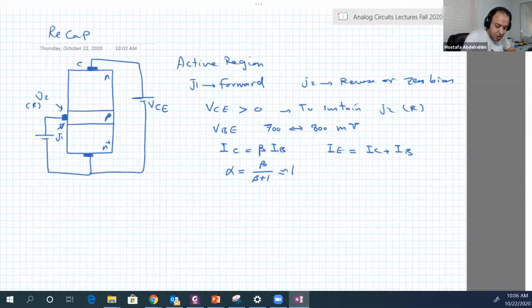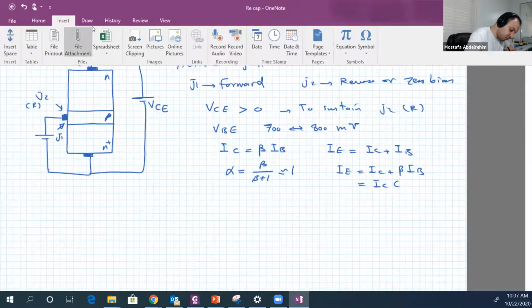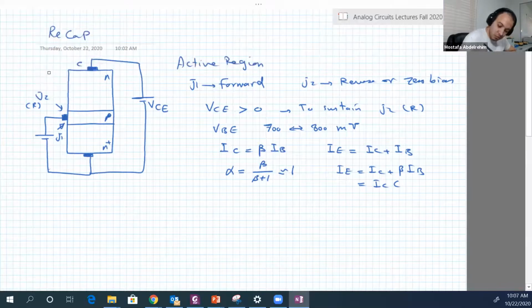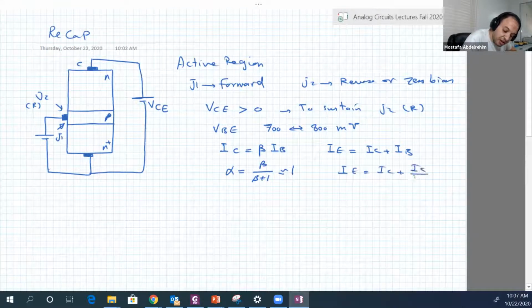So what is actually this beta? Here IE is equal to IC plus IB, which is IC plus IC over beta.